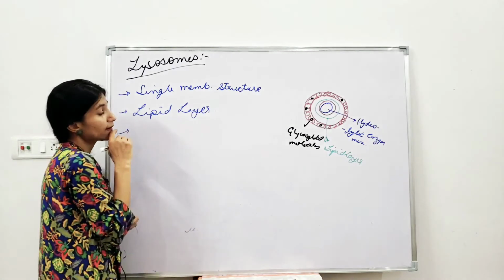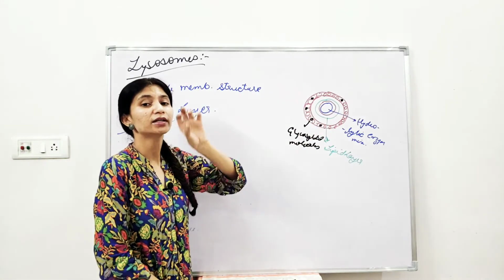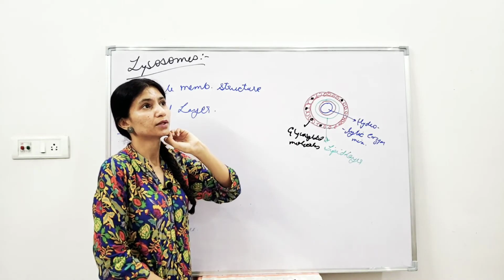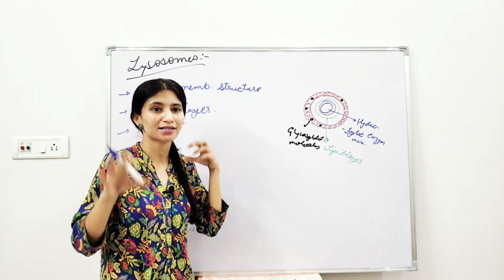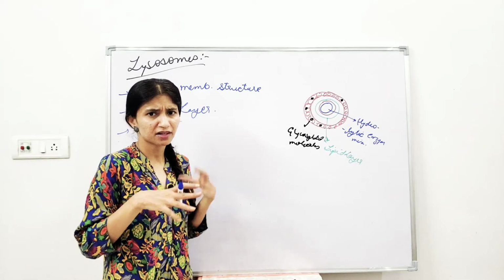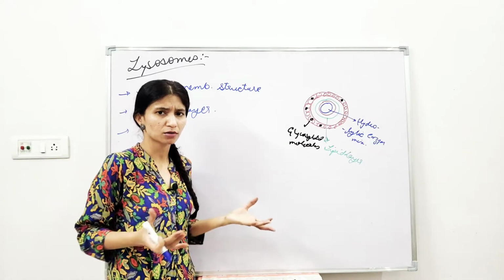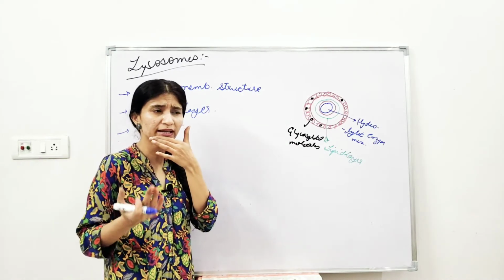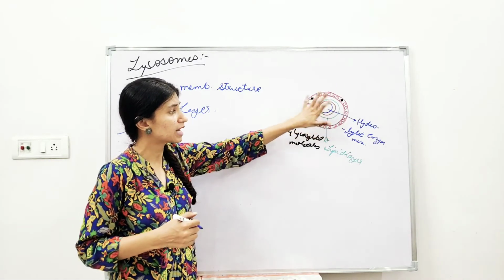Next, this lysosome is the site for the degradation or removal of used carbohydrates, lipids, nucleic acids, different biomolecules present inside the cell which are no longer useful, or which have already been used and are not being used more. So they are removed with the help of lysosomes.